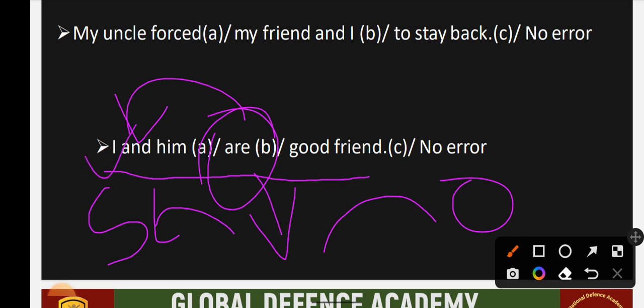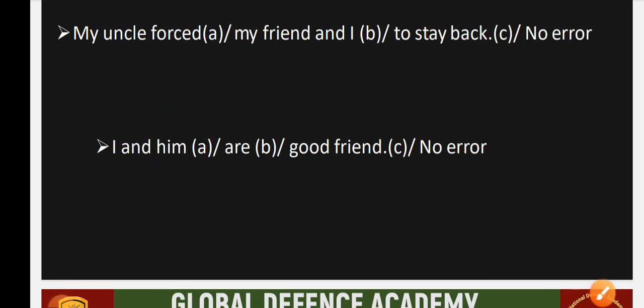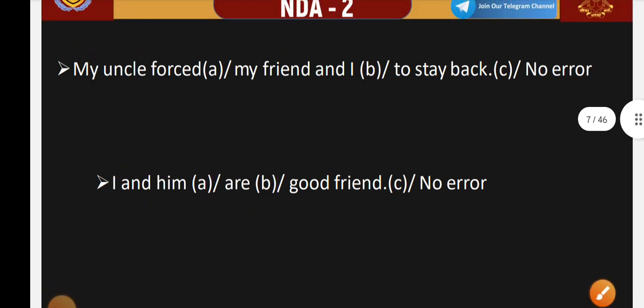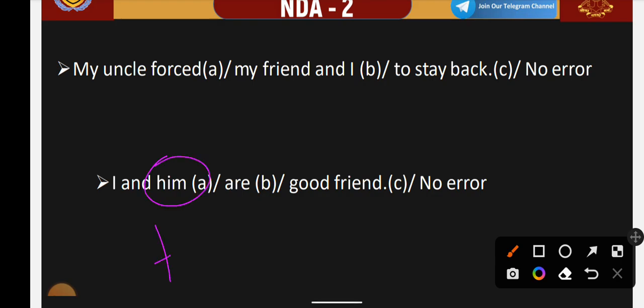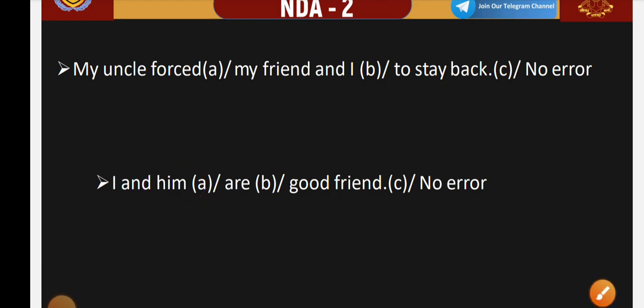But him is an objective pronoun, so we have to replace him by he. So the right answer is going to be what? He. Him is replaced by he, and the error part is in A. Got it? Okay.